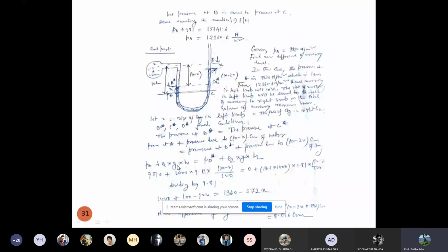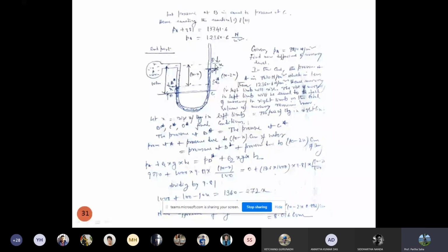Now it was said that the pressure decreased to 9810, and h1 will be 10 minus x centimeter divided by 100, converting into meters. PD is the open surface pressure, which is 0. Rho 2 g h2, where rho 2 is 13,600, the density of mercury, and h2 will be the new height, 10 minus 2x divided by 100.